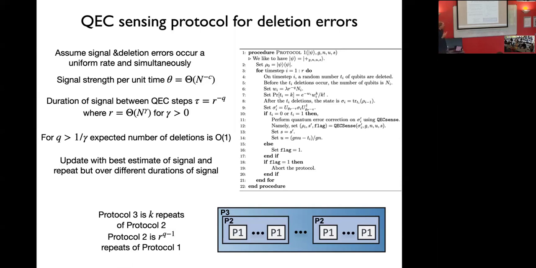Our protocol is using a finite number of rounds of error correction, as opposed to taking a limit where you'd have arbitrarily fast error correction acting on your system.